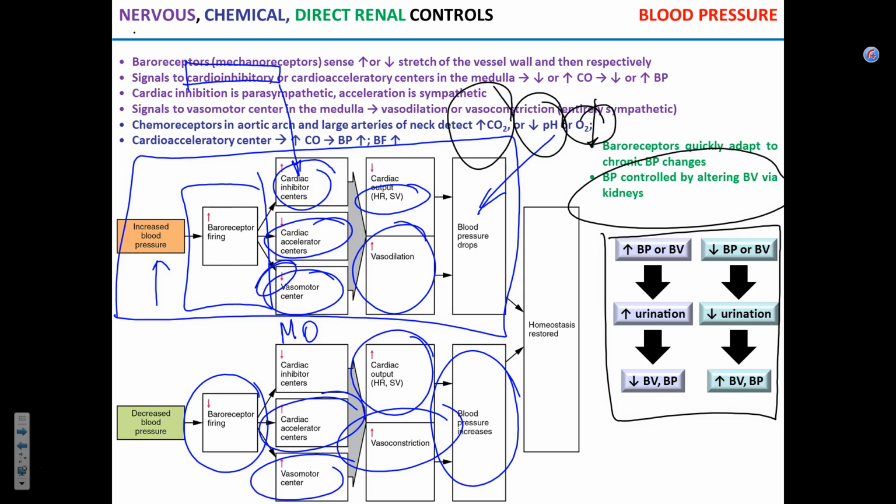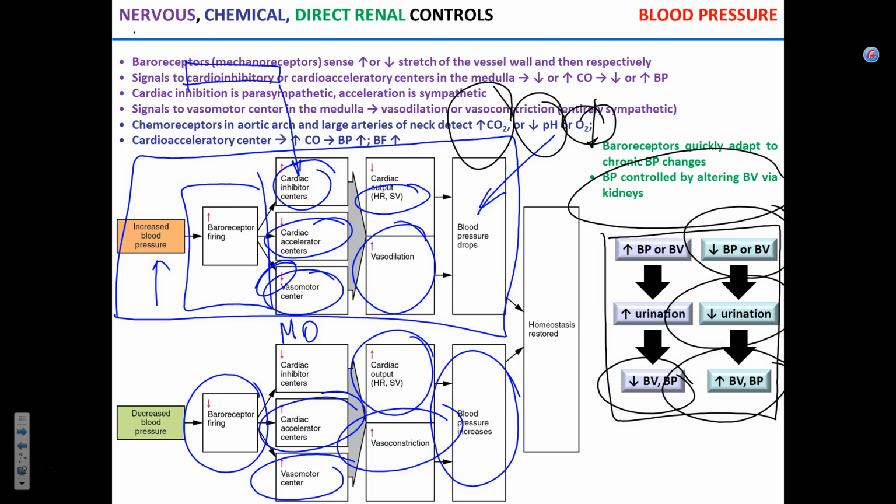The less blood volume, the lower the blood pressure. And opposite. Say you lost some blood, you donated blood. Your blood volume decreases, your blood pressure decreases. Urination goes down. Water is conserved, your blood volume and blood pressure restored. Make sense? That's called direct renal control.